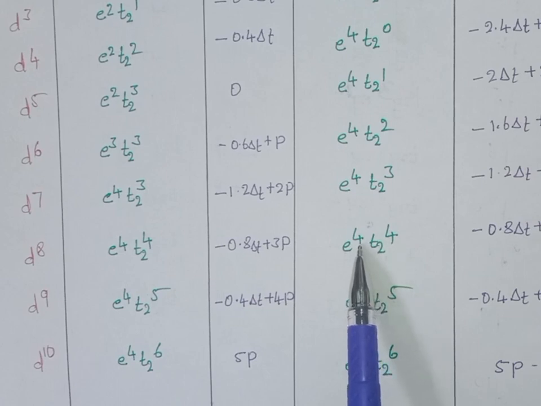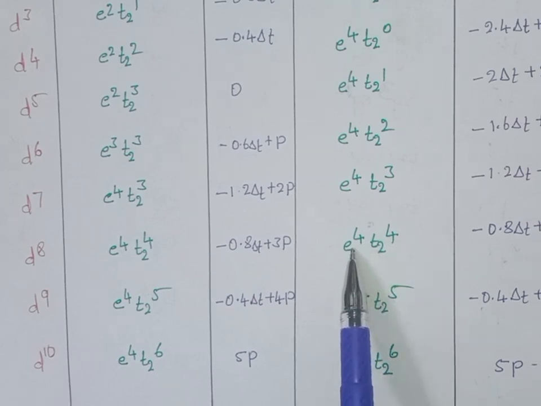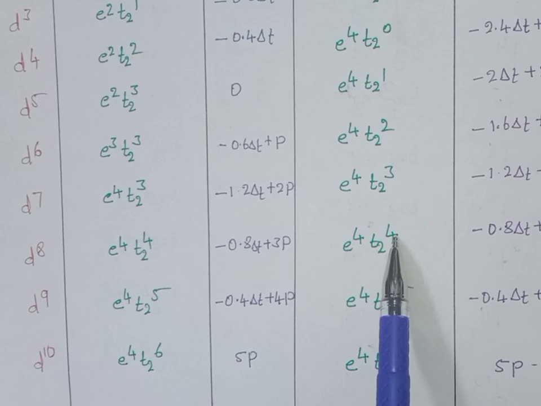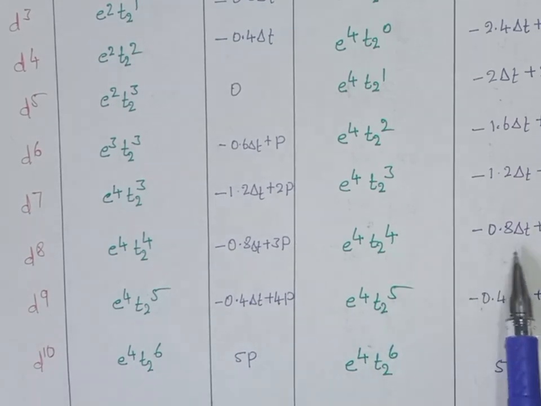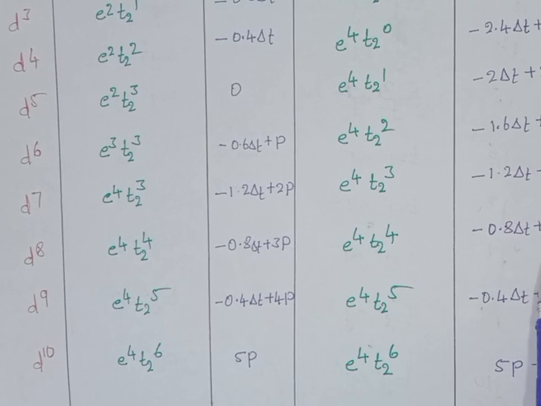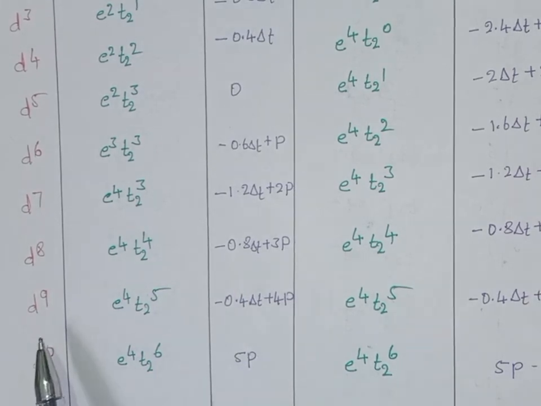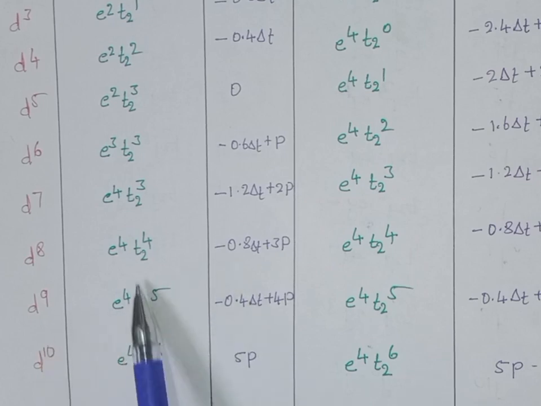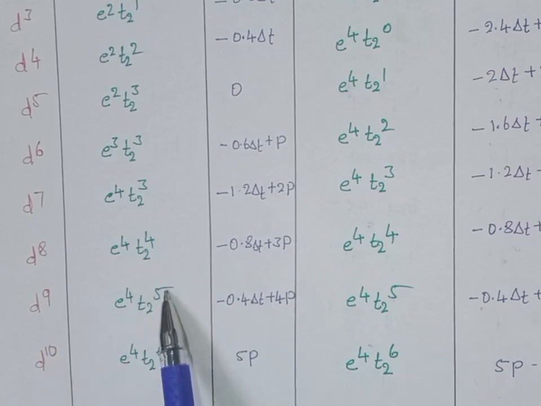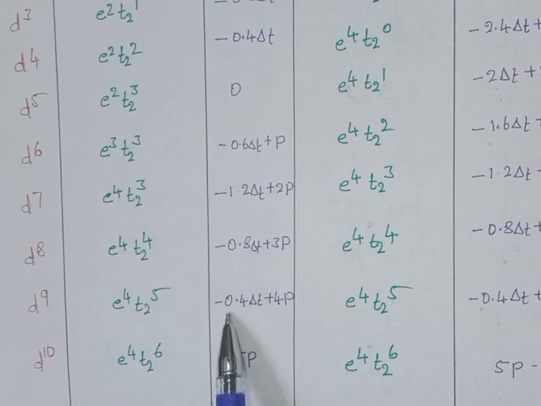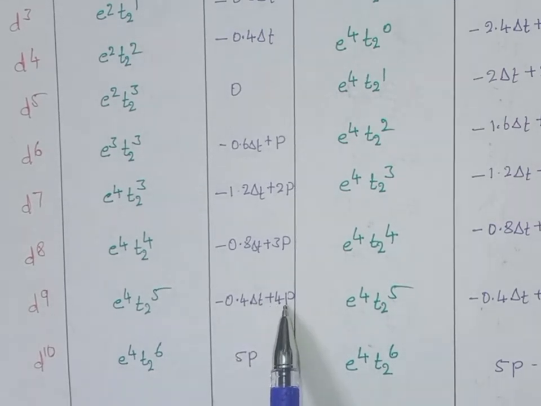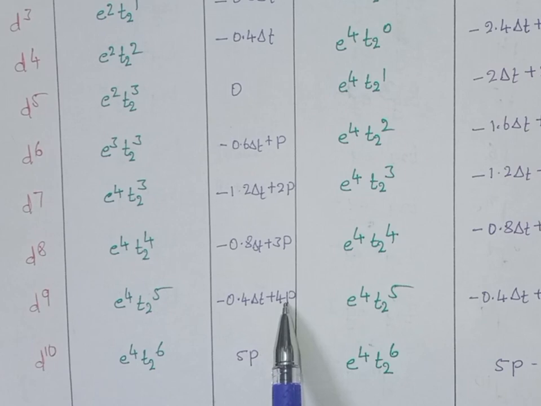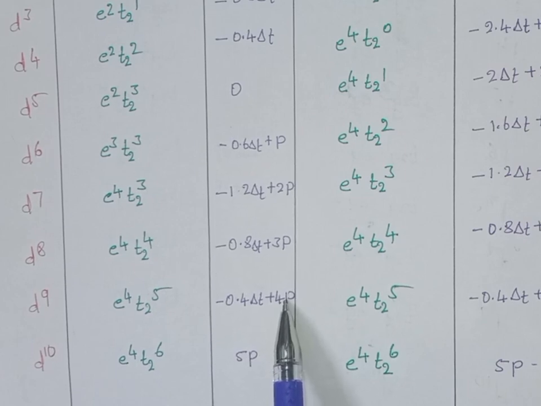And for strong field complexes, the electron configuration is e4 t2^4 and the calculated CFSE is minus 0.8 Δt plus 3 electron pairs into pairing energy. For the d9 system, e4 t2^5 will be the electron configuration, minus 0.4 Δt plus 4 electron pairs into pairing energy.